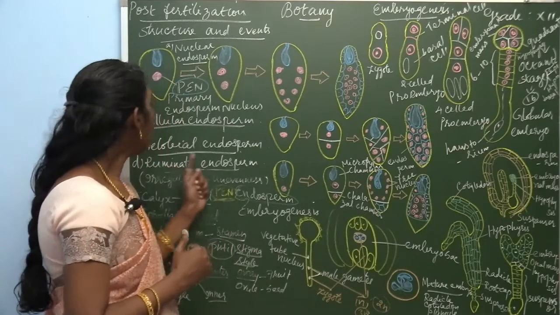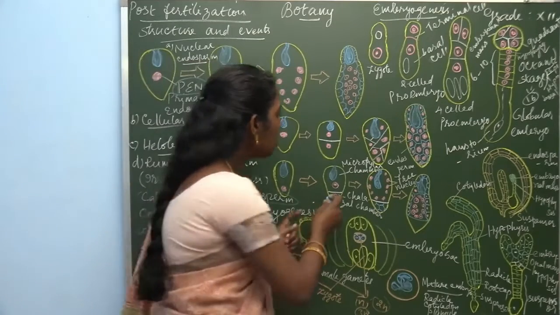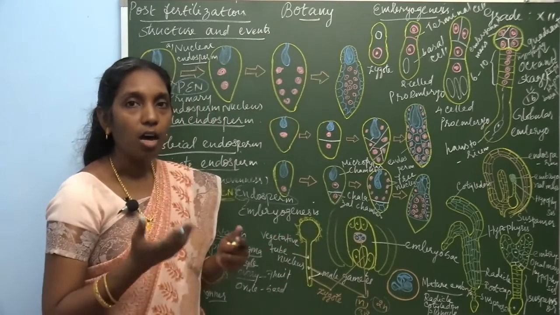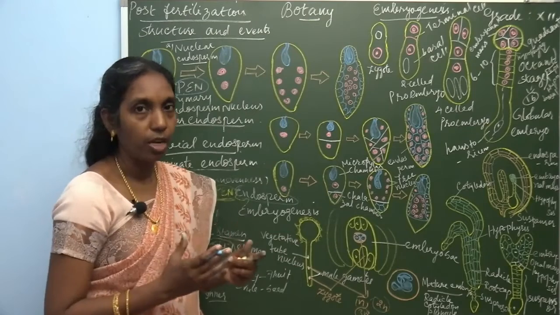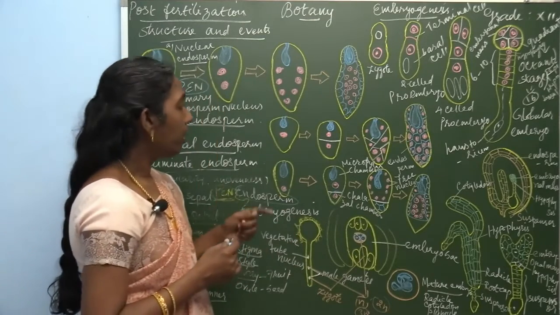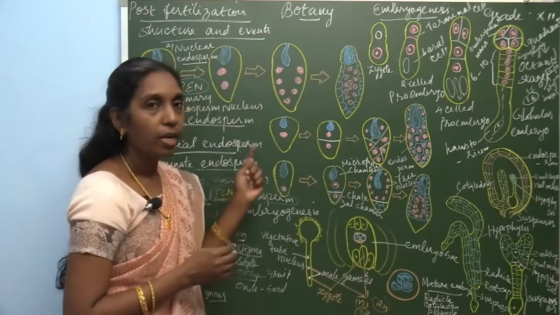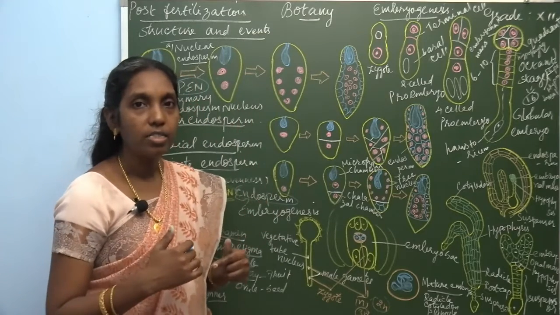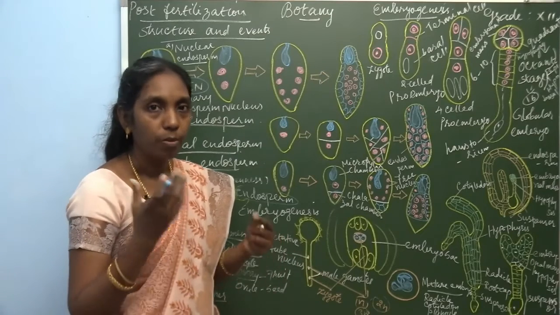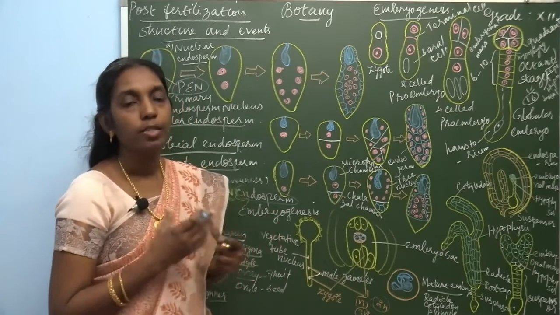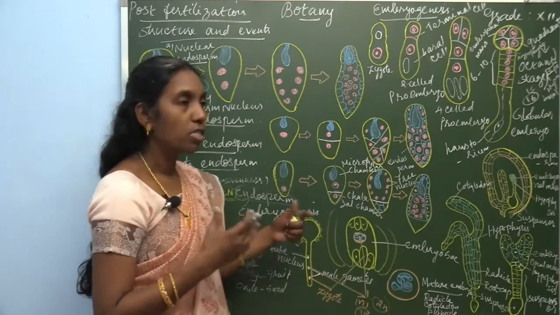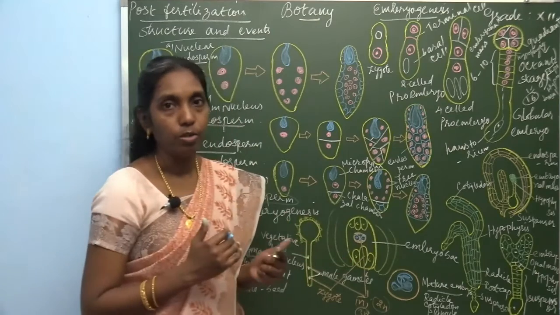In helobial endosperm, the chalazal chamber acts as a haustorial cell. In cellular and nuclear endosperm, the micropylar region or the chalazal region or both produce the haustoria. So haustoria develop from the endosperm.